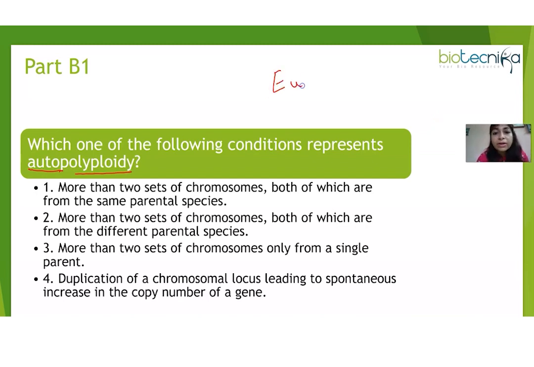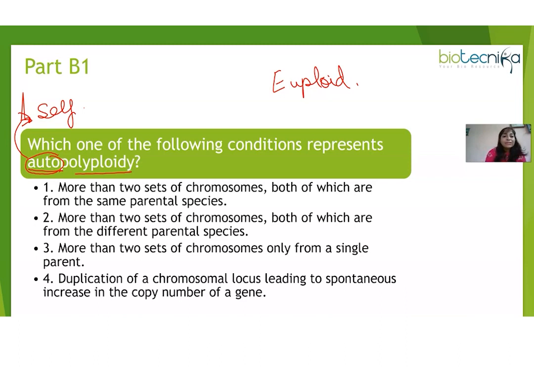Euploids are the mutations where one entire haploid set of chromosomes is added or deleted. The word auto always refers to self. So, the added set of chromosomes in the genome, when it belongs to the same parental species, the self-parental species, that is when we call it autopolyploid.